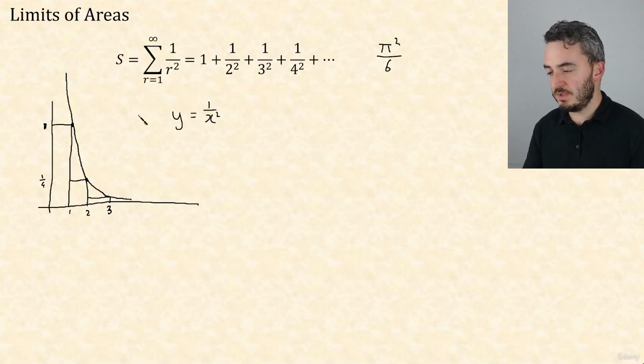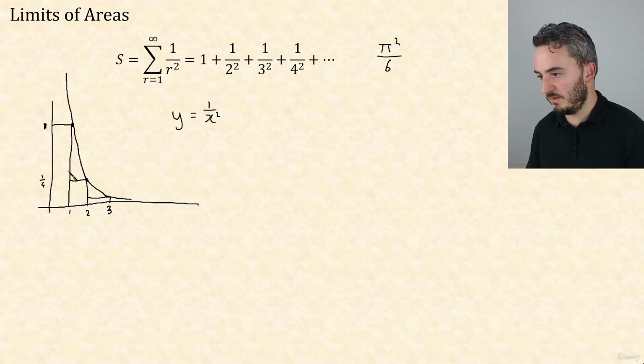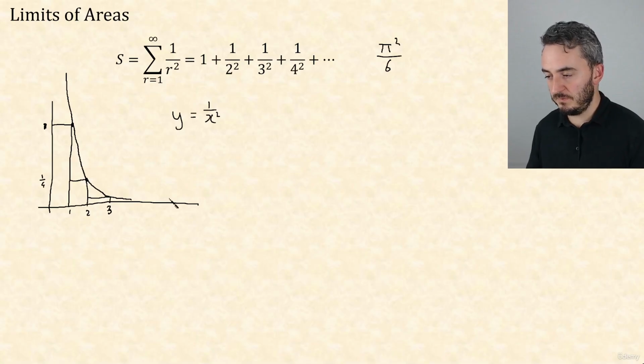Now, I don't want to be evaluating this continuous function all the way down to 0 because it's got that asymptote there. But if I can show that just starting from 1, 1 over x squared has a finite area all the way to infinity, well then all of these remaining blocks must have a finite area as well, because they're always sitting under that curve.